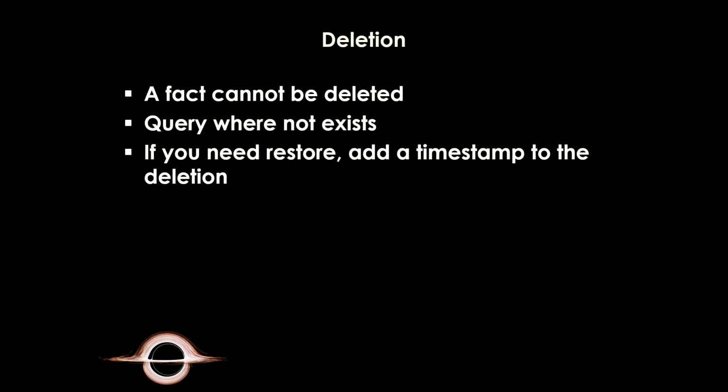Okay, so in summary for the deletions, a fact itself cannot be deleted. For queries where you're looking for the things that exist, query where not exists the deletion, and if you need to restore, put a timestamp on the deletion.